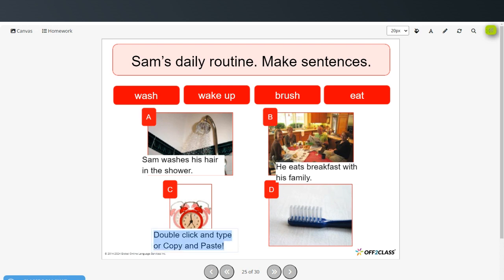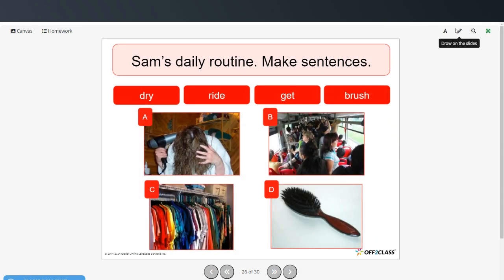He wakes up at 7 a.m. And he brushes his teeth every morning. He dries his hair.